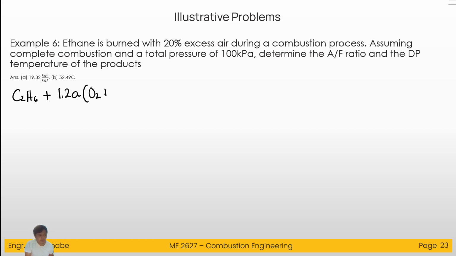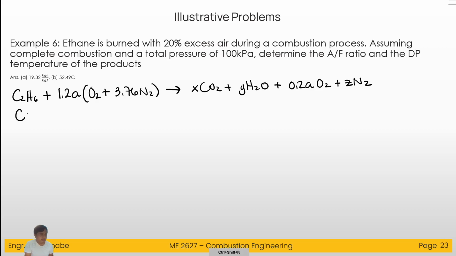So you have O2 plus 3.76 N2, and then this will be equal to X CO2 plus Y H2O, and then you have an excess, so just write here 0.2A O2, and then plus Z N2.